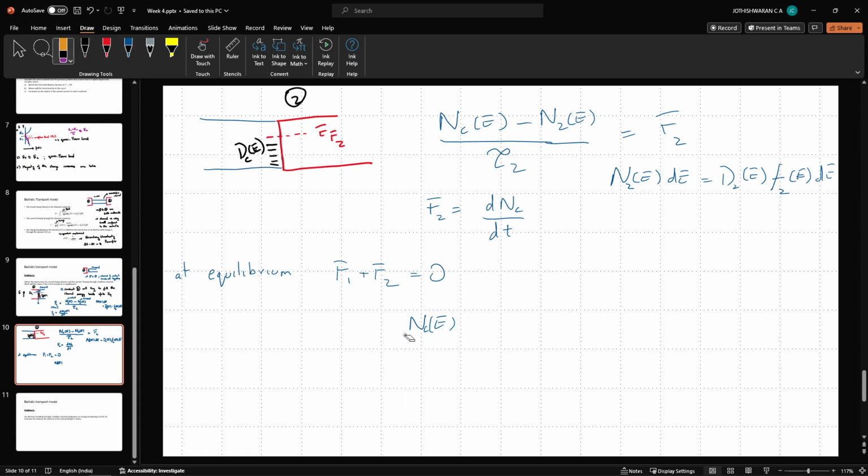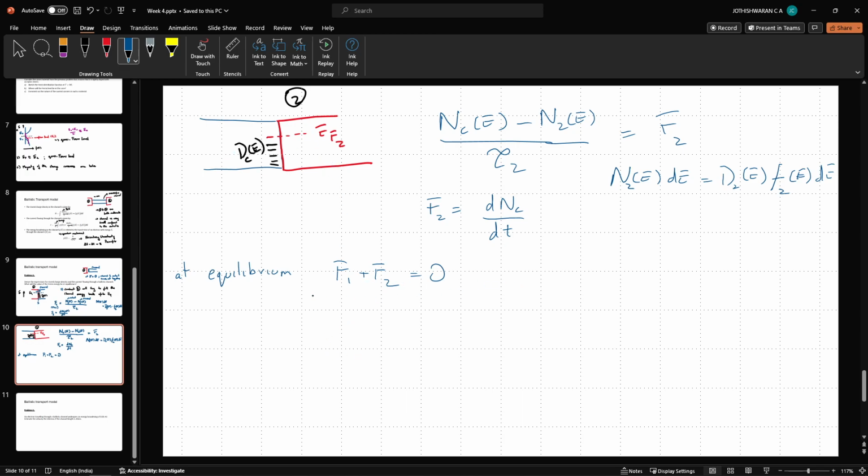So what we shall find out is, in other words, the rate at which the electron concentration is being increased in the channel by contact 1 should be equal to the rate at which it is being decreased in the channel by contact 2.